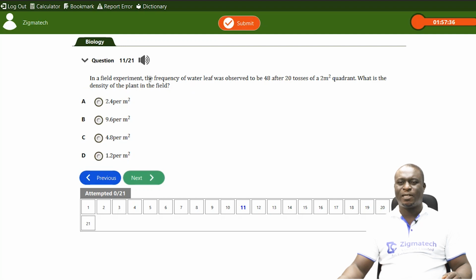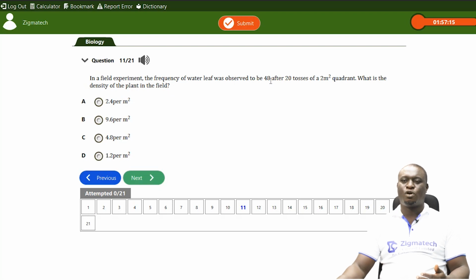Now we have here the frequency of water leaf was observed to be 48. Okay, that's the number of organisms we have, how many they occur, and then after 20 tosses, okay, of a 2 meter square quadrat, what is the density of the field?